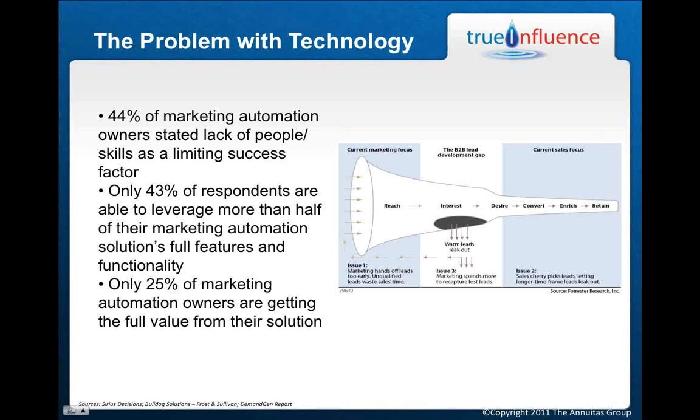And right in here is where we leave tremendous amount of revenue potential on the table, and we also have a very constricted sales pipeline. When you combine process along with technology, this pipeline becomes more linear, this hole is closed, and you're truly able to manage each and every relationship.